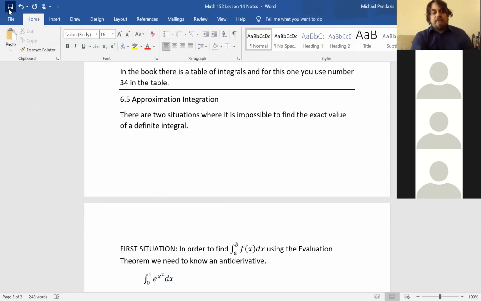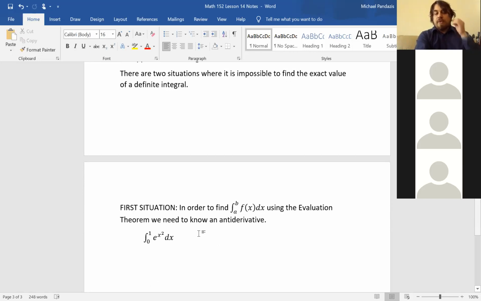You could say it's quite complicated, but e is a known number and x squared is kind of known. So e to the x squared you can get easily if you think about it. But if you try to integrate it from 0 to 1, there's a problem. You need an antiderivative of e to the x squared, and there is no known one.